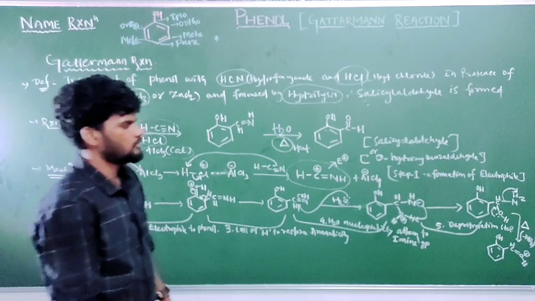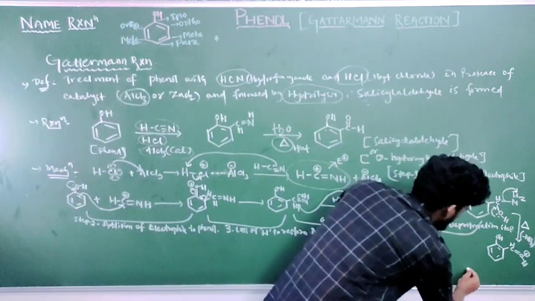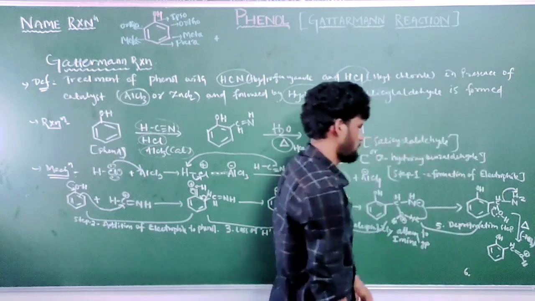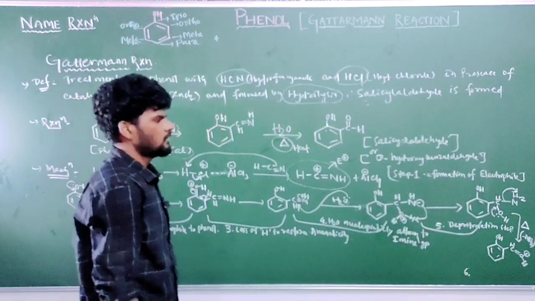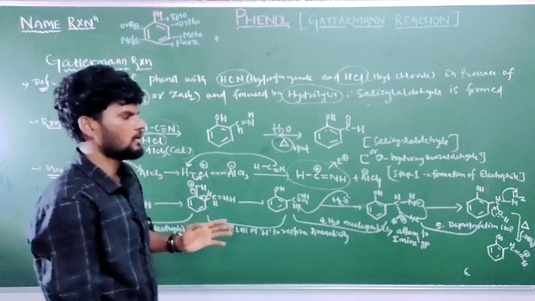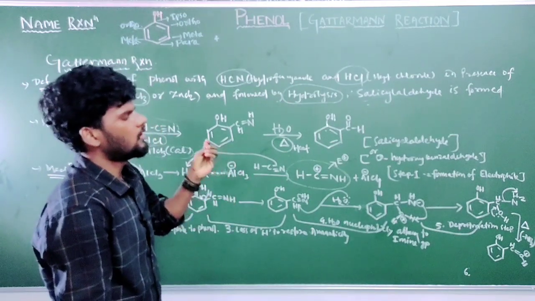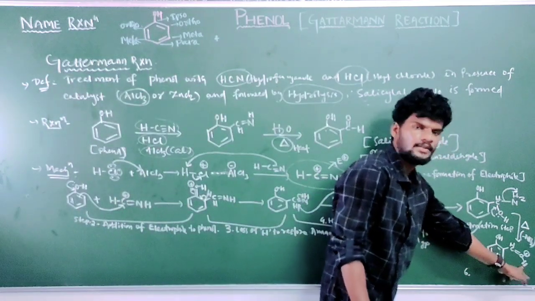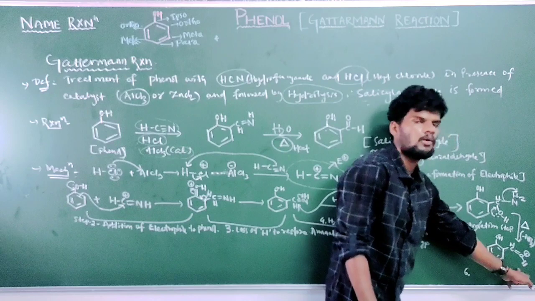Step number 6 is what? Formation of protonated alcohol. Sorry, formation of protonated aldehyde, you can say. This is the aldehyde group with protonation, a positive charge on oxygen and one hydrogen.